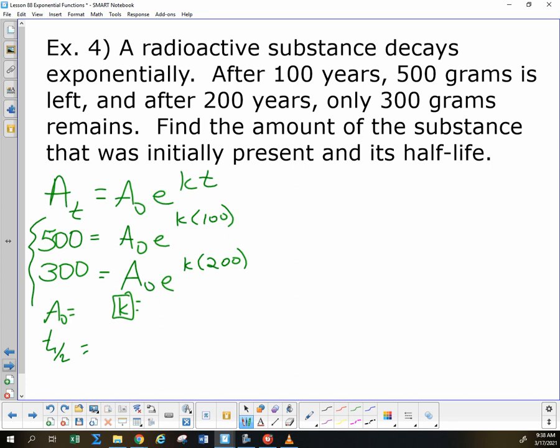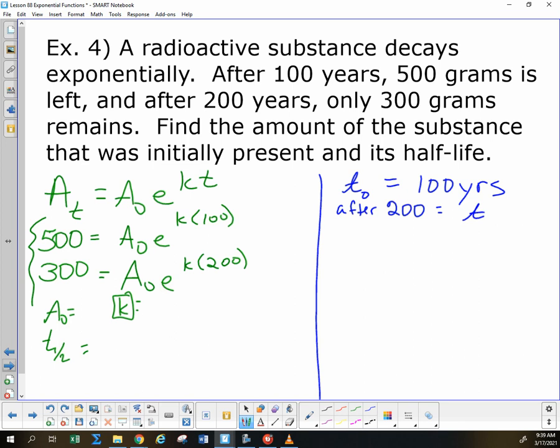The other way we can set this up and do it is we can let time 0 be 100 years. That means after 200 years, how many years have gone by since my starting time of 100? So 100 years is time 0. After 200 years, that's going to be T100.